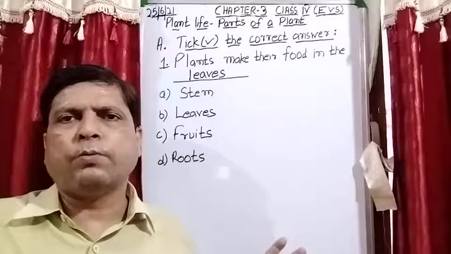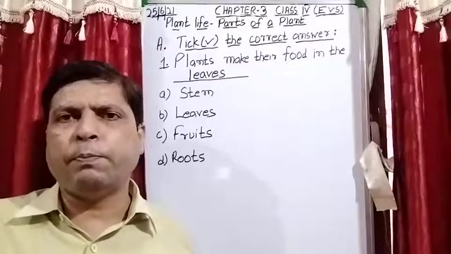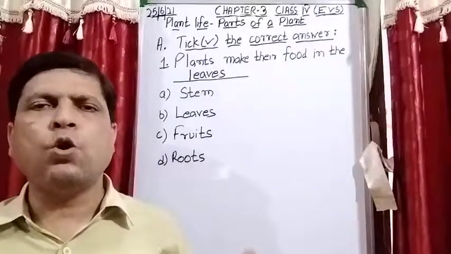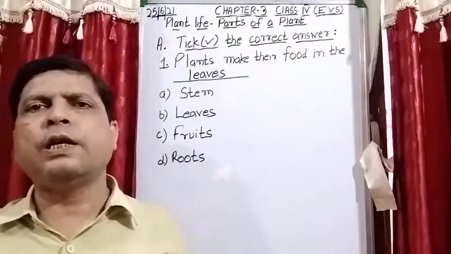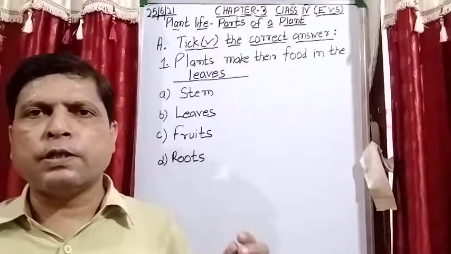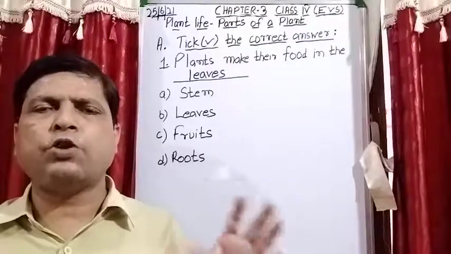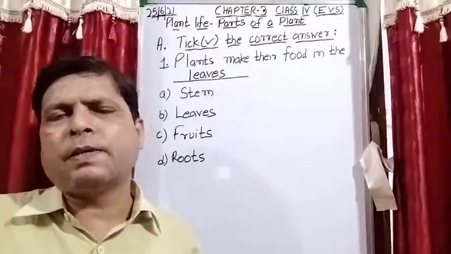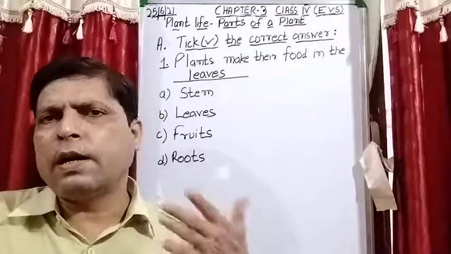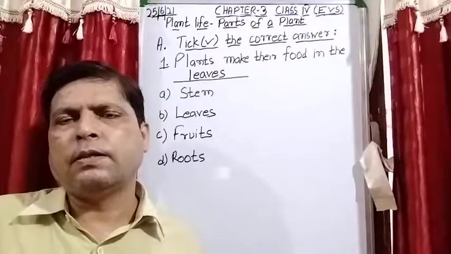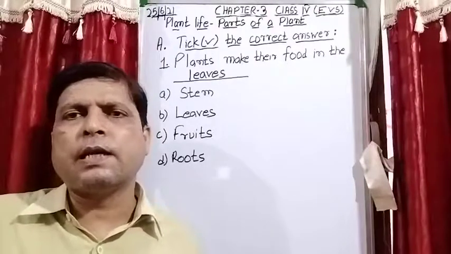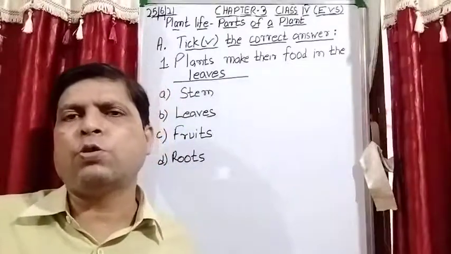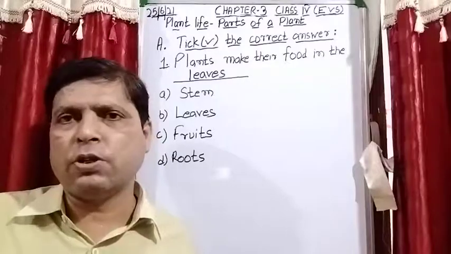They absorb the sunlight, and at the time of preparation of food they also need carbon dioxide. Through the tiny pores present on the leaves, exchange of gases takes place. Carbon dioxide is used by the leaves and oxygen is released. Is it clear? The energy of food is stored in the form of glucose, or you can also say starch.